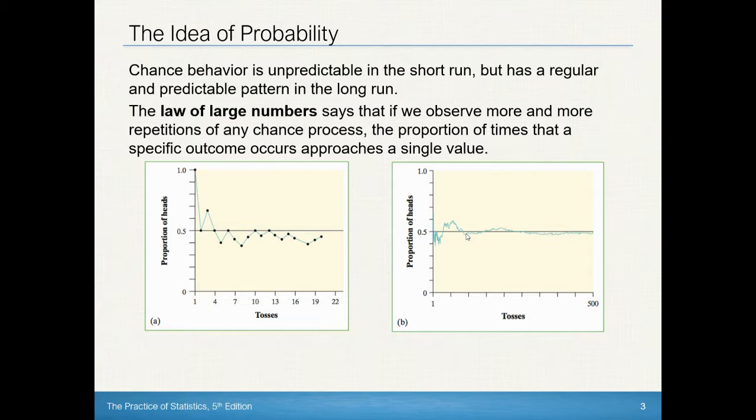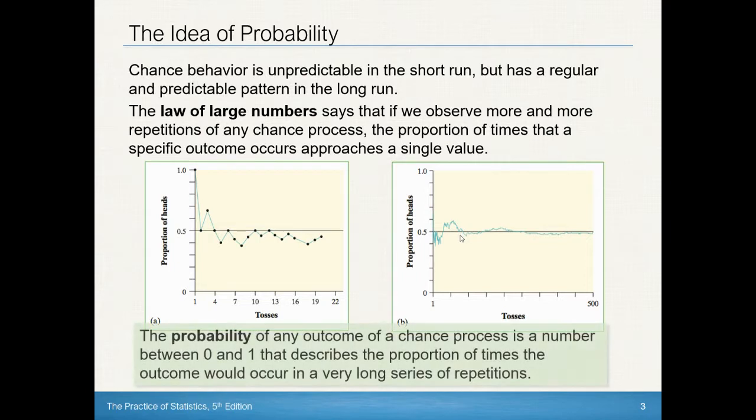But it could be drawing a card from a deck, replacing it, and shuffling each time so it's random. If you have more possible outcomes, the value will approach something other than 50%. The probability of any outcome of a chance process is a number between 0 and 1 that describes the proportion of times the outcome would occur in a very long series of repetitions.